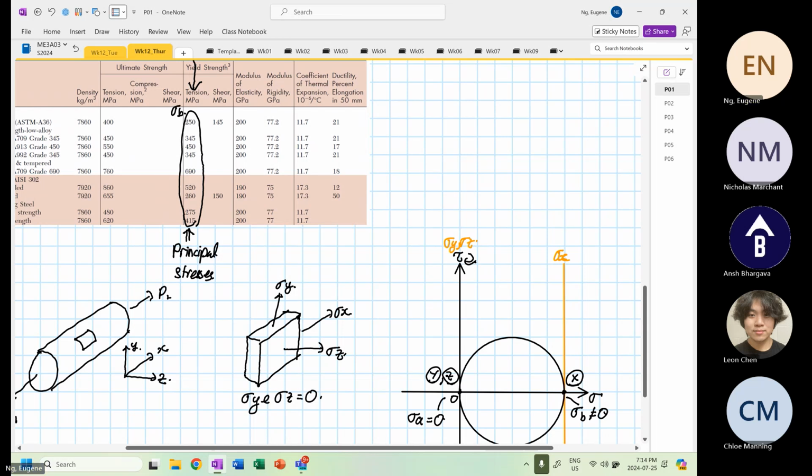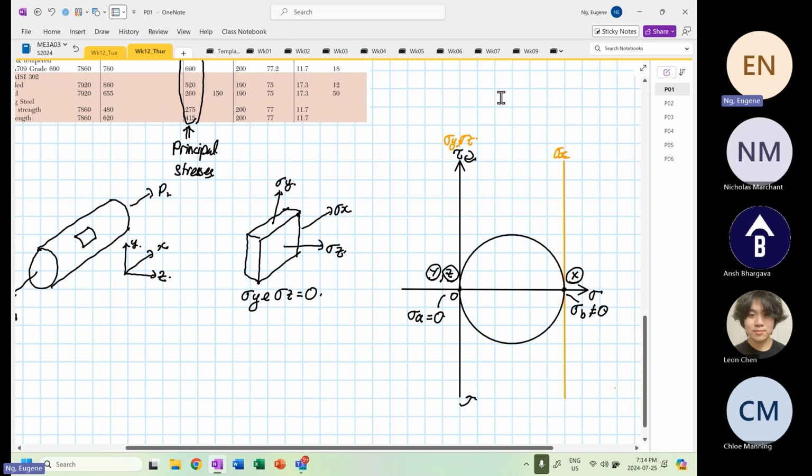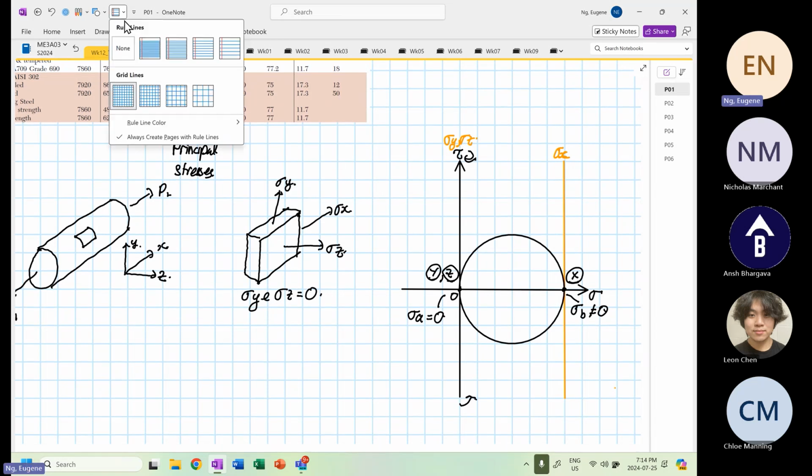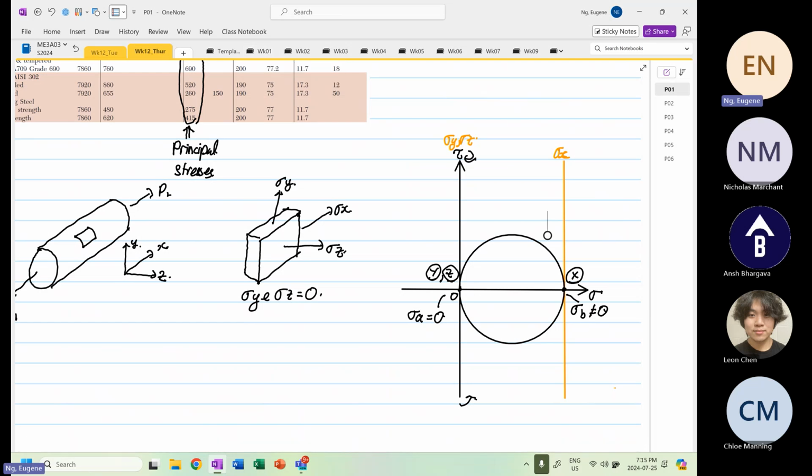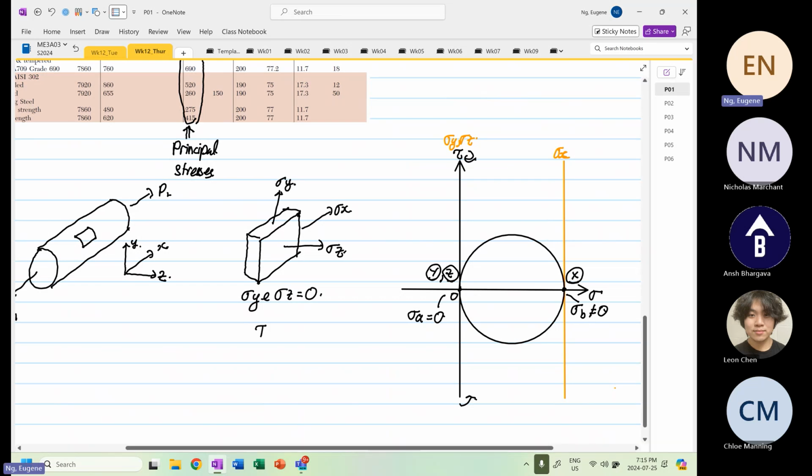Okay. So in the Tresca criteria, what we assume is, we know that tau max is equal to stress B over 2, or stress U divided by 2, right?